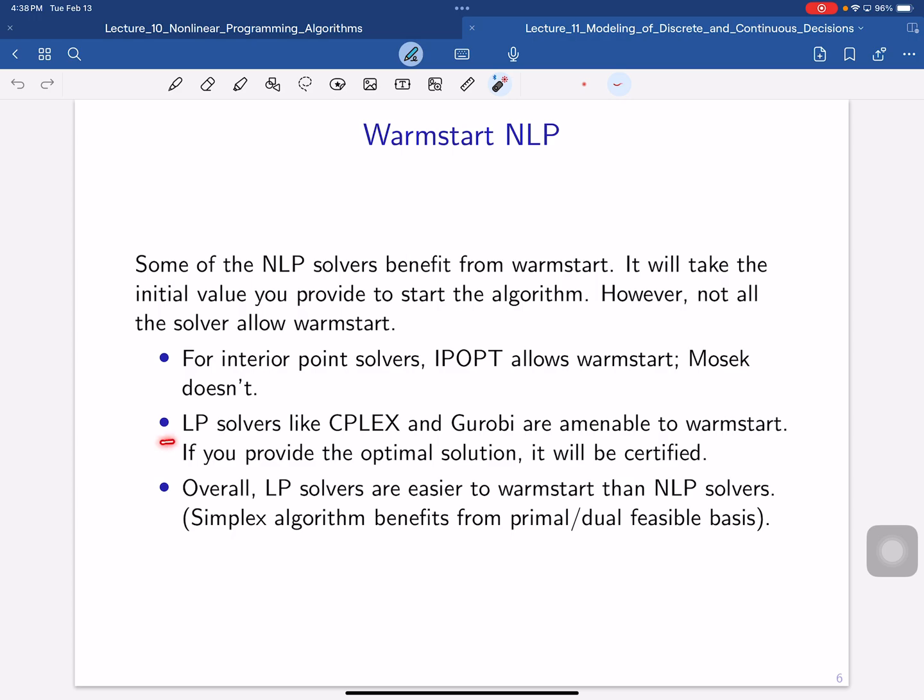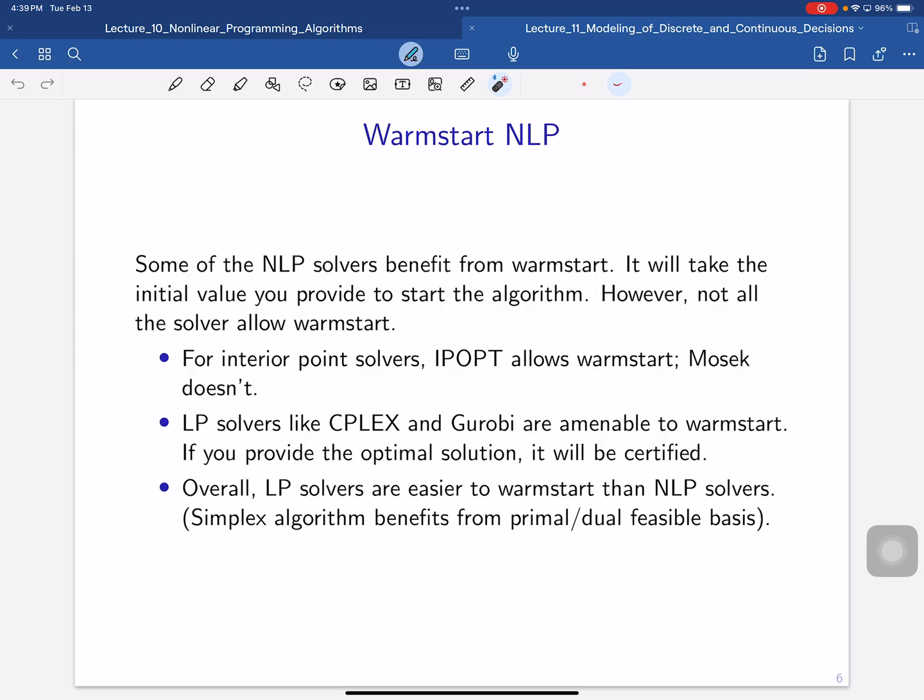But if you have a linear programming solver, let's say you are using a simplex method, either primal or dual simplex, they do benefit a lot from warm start. The reason is that warm starting linear programming methods is much more straightforward than warm starting interior point methods. Think about if you gave a basic feasible solution to a simplex method, right? Then it can just start from that basic feasible solution and continue iterating.